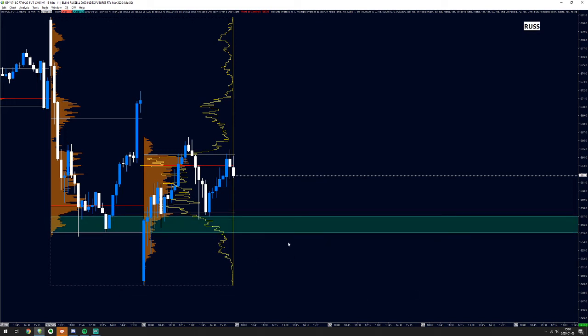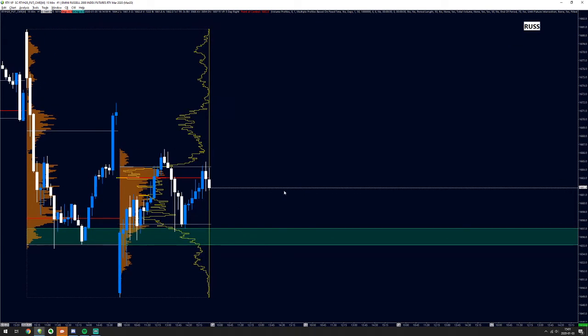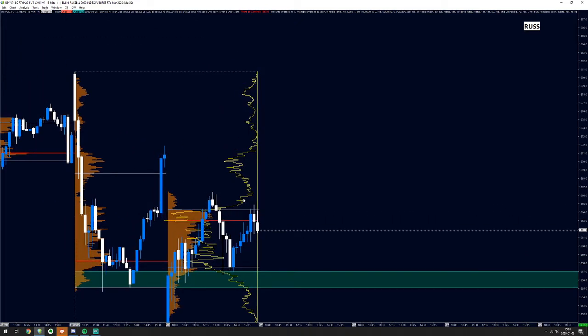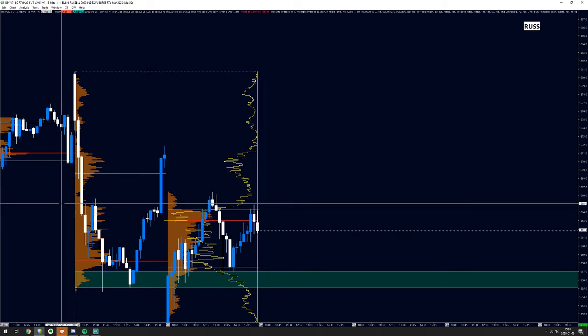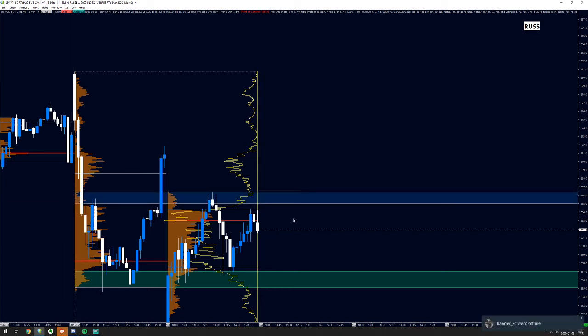What's 5 ticks in the Russell? Okay, so we have that. And then what does this become? Well, this becomes the top of the auction. So that's going to be our bear zone.